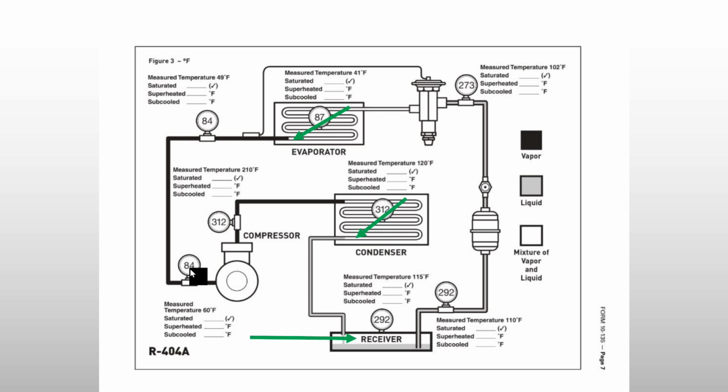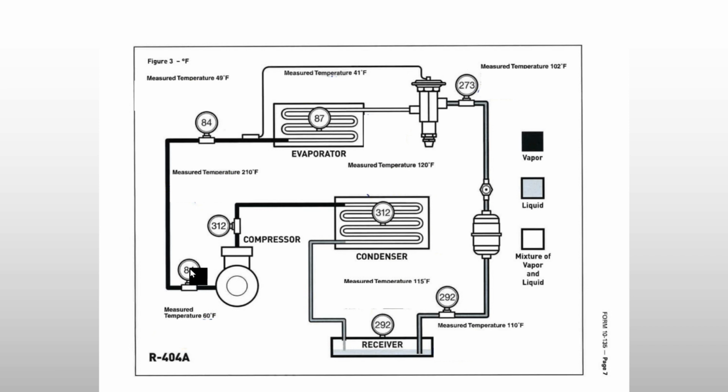So it is possible to have both vapor and liquid together in the receiver. This is also known as fractionation, but it's also at the saturation point of both being a liquid and a gas at the same time, as long as there's liquid on the bottom of the receiver where we could push it out to the system.